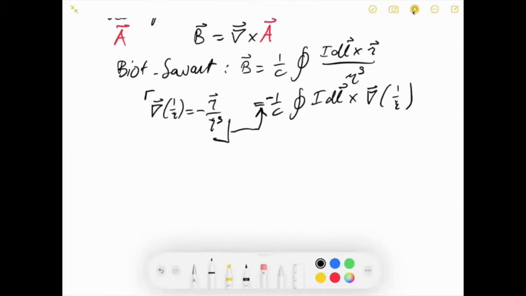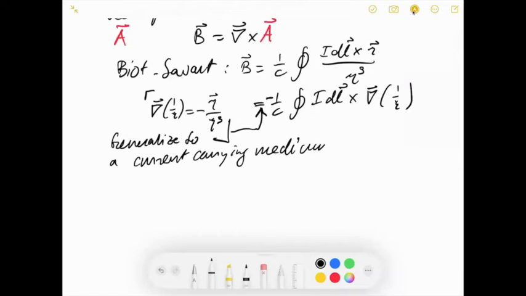And now, if instead of using a current carrying wire, we use a current carrying medium, so we generalize to a current carrying medium, we can, instead of an integral of I dl, make it a volume integral.